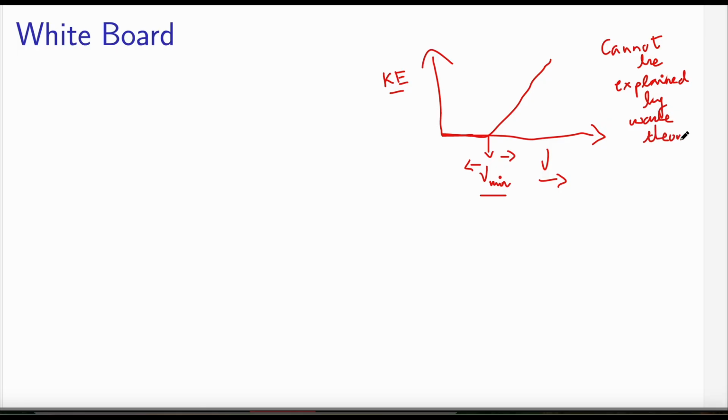Because here you see, in this part there is no photoelectric effect, right? In this part there is no photoelectric effect.